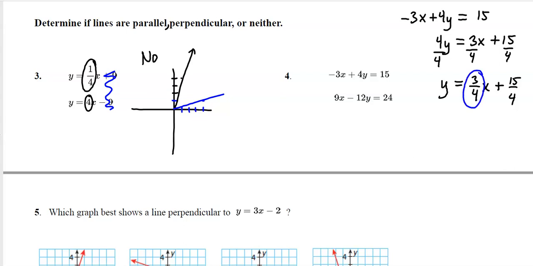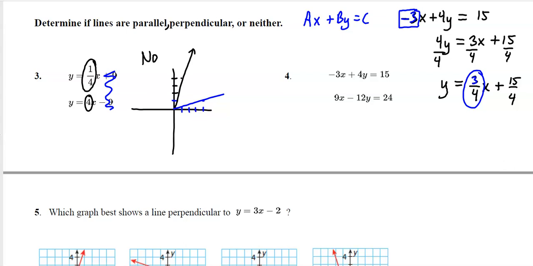Well, look what happened. This value in front of x, and remember, in general, it's ax plus by equals c. Every time you solve this equation for slope-intercept form, you're going to move that a to the other side, and it's going to be the opposite of what it was before. So notice that this -3 up here became +3 down here.